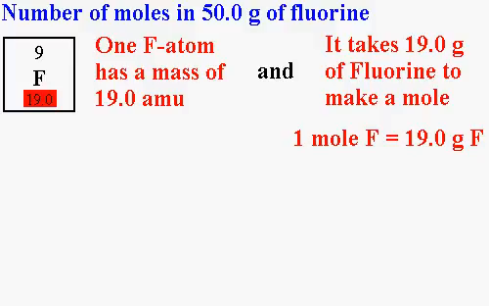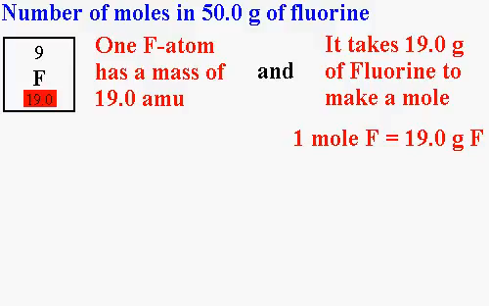It tells you that 1 mole of fluorine is the same as 19.0 grams of fluorine. So this number serves as a conversion relationship between moles and grams. We look at the periodic chart, we look at the mass of the atom, and that number also gives you a conversion relationship between grams and moles. In this case, it's telling you that 1 mole of fluorine is the same as 19.0 grams of fluorine.